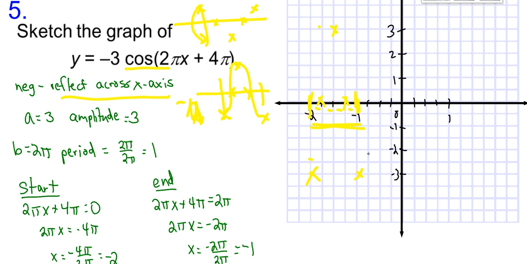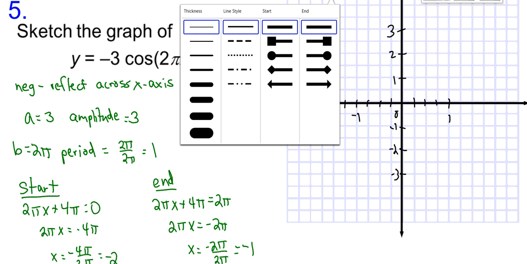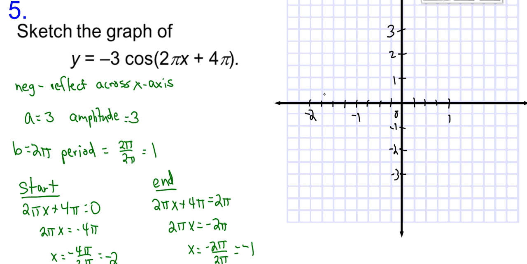And so let me get rid of all that yellow, my planning yellow. There we go. And let's see what happens. I might just draw this a little thicker than sometimes, and that just might help me find things a little better. So -2 is the start of my period, and then I'm going to be at -3, 0, and then +3, and then 0, and then -3.